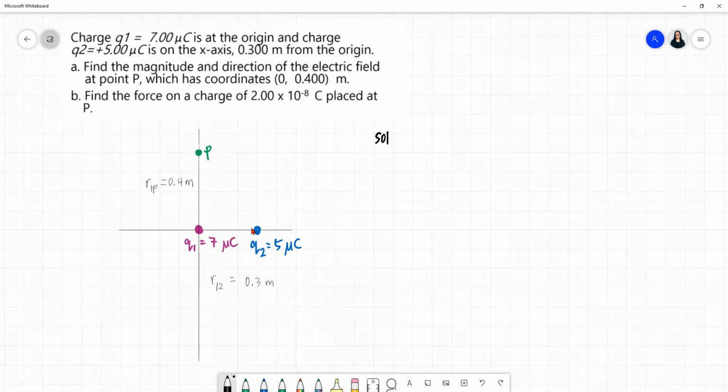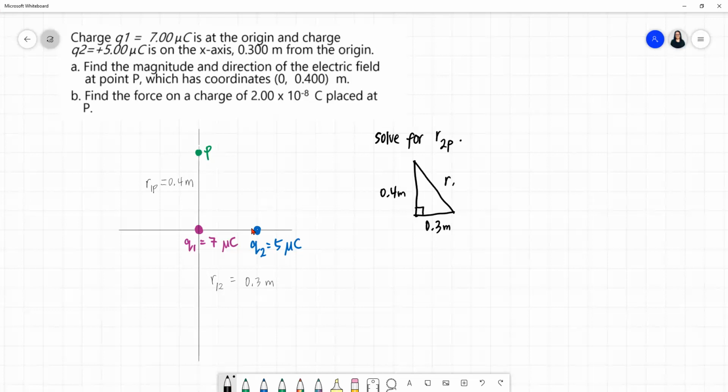So solve for R to P. So P, Q1 and Q2, as you can see, forms a right triangle here. So if this is 0.3 to 0.4, then this must be 0.5 meter. Let's show the solutions.